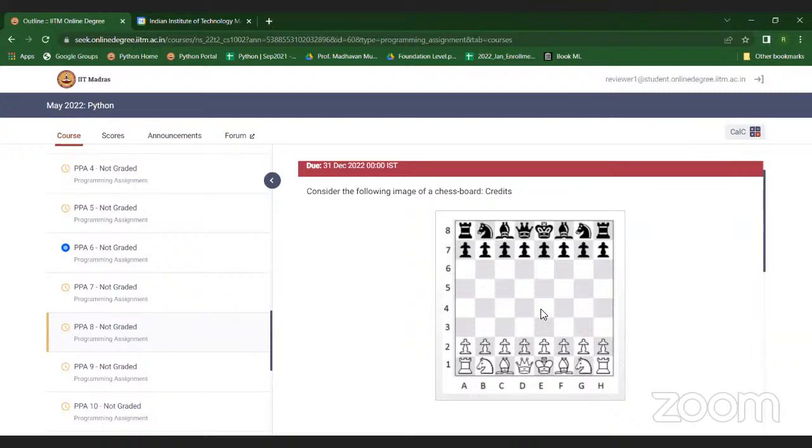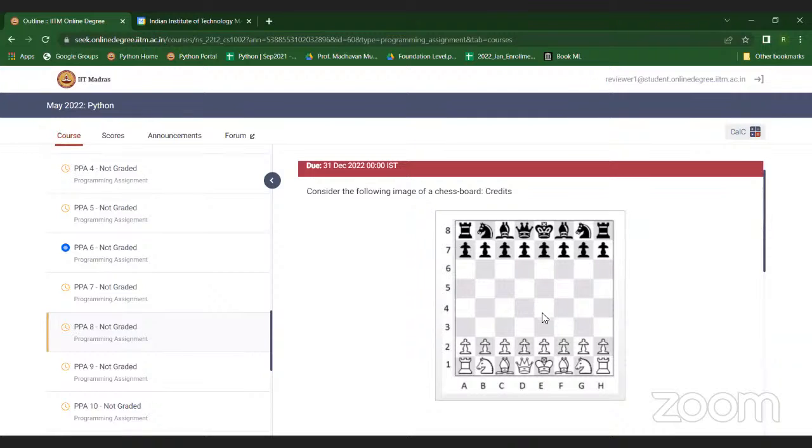So the difference is not always 2, right? No, I was not saying the difference is always 2. I am saying the difference is always the same. The magnitude of the difference is always the same. Okay, sir. Thank you.